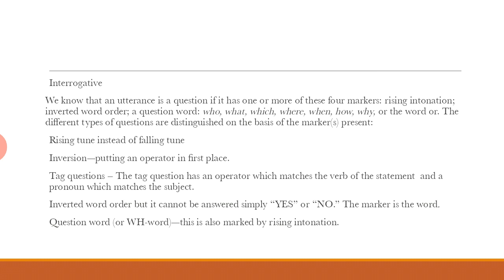Interrogative. What is interrogative? We know that an utterance is a question if it has one or more of these markers: verb marker, rising intonation, inverted word order, a question word, for example, who, what, which, where, when, how, why, and so on. The different types of question are on the basis of the marker.